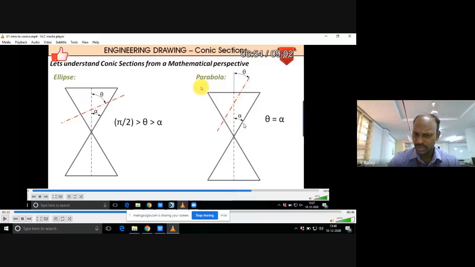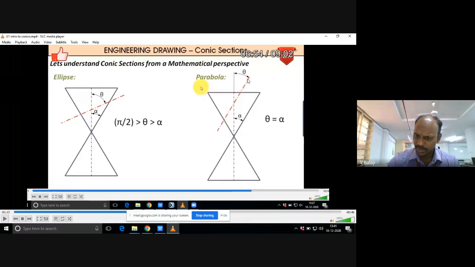That means with respect to the vertical axis, alpha is equal to theta, the cutting plane angle. Alpha you can easily understand from the diagram. This is the semi cone angle, this is the full cone angle. Half of the cone angle is alpha.